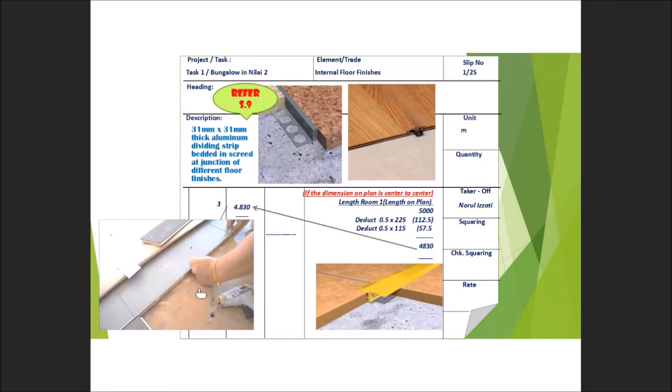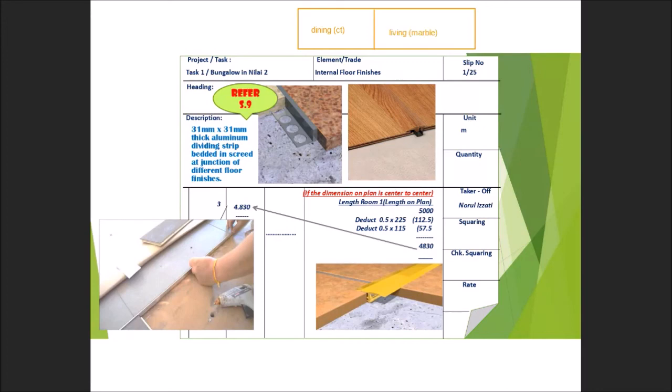So once you have different floor finishes in one line, you have to install this dividing strip, measured in meter. If I show you again, this is the length on plan. This is the line to show the difference in terms of material. Let's say this is dining, made from CT, ceramic tiles, and maybe here the living hall is made from marble.